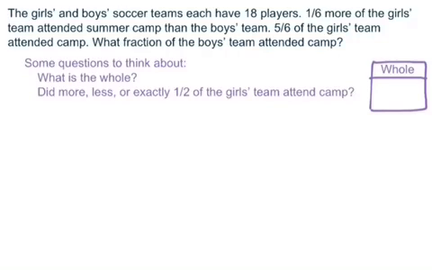Questions to think about. What's the whole? And did more, less, or exactly half of the girls' team attend camp? That's going to give me some number sense as to what I'm looking for here, right? So think those two things through, see if you can come up with a way of solving that problem, and then come back and check your work.